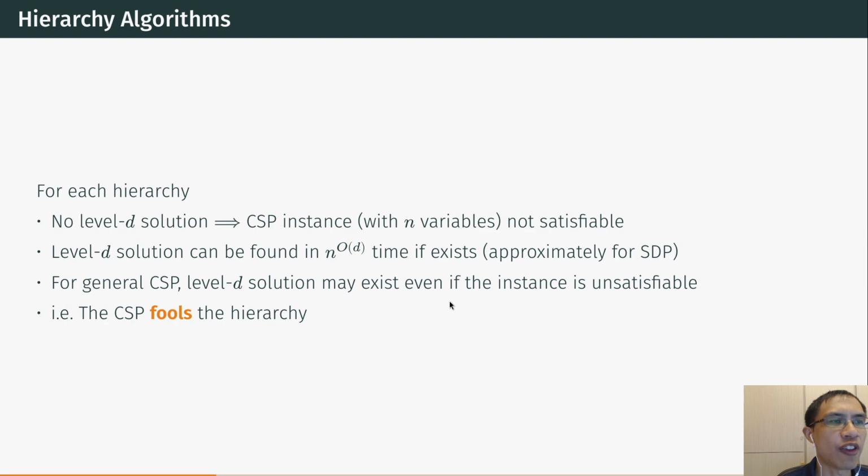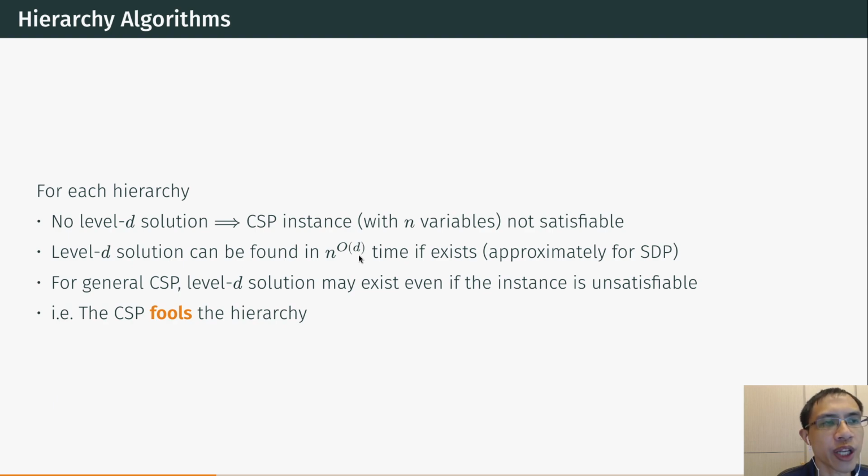So, I've mentioned 4 hierarchies. For each hierarchy, the lack of a level d solution implies the CSP instance is unsatisfiable. A level d solution of the instance, if it exists, can be found in time roughly n to the d.